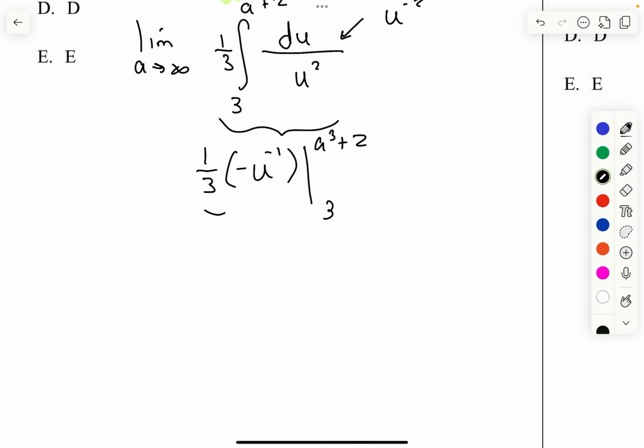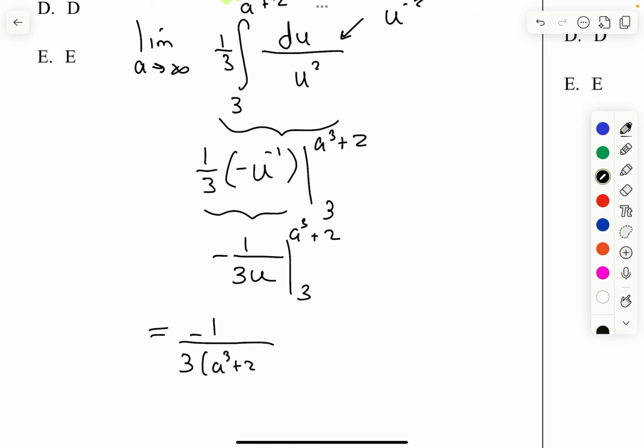I'm going to rewrite this as negative 1 over 3u. So that's negative 1 over 3 times the quantity a cubed plus 2, minus, by the fundamental theorem, negative 1 over 3 times 3.